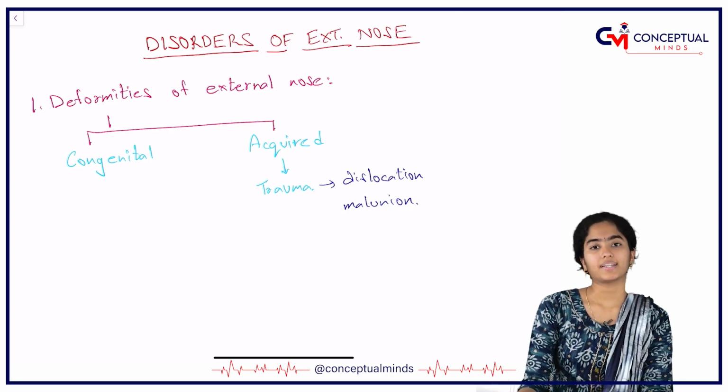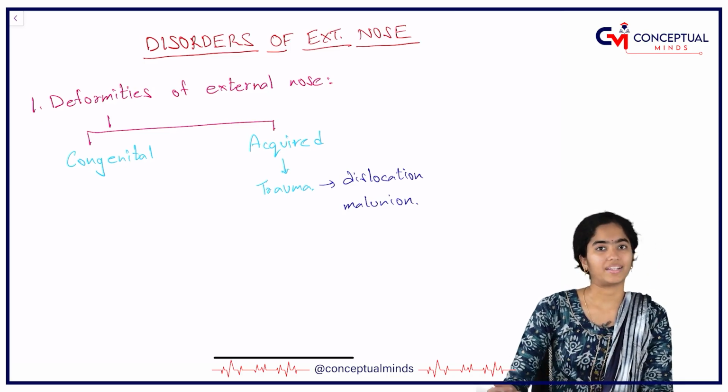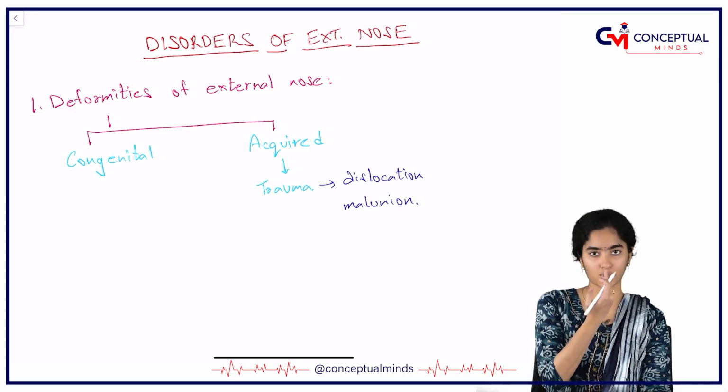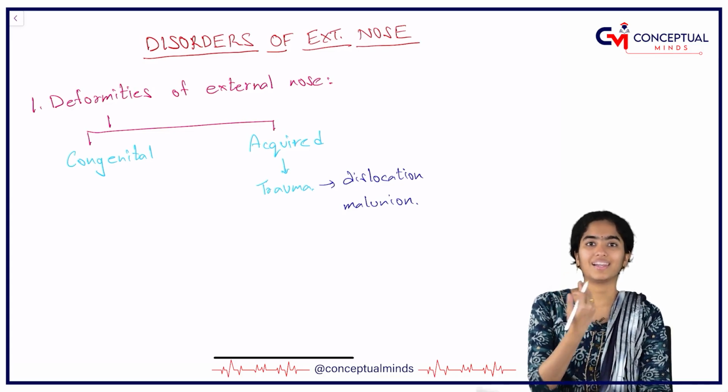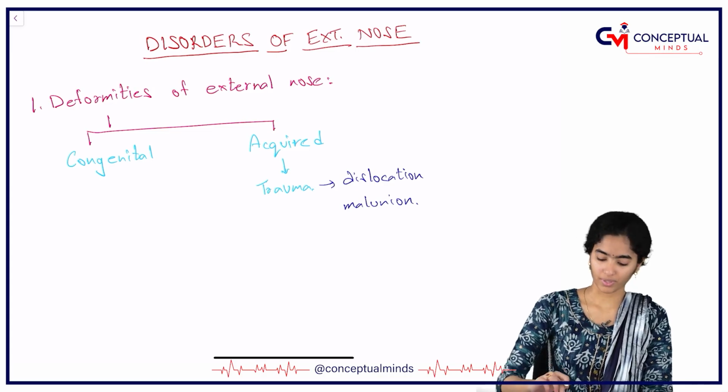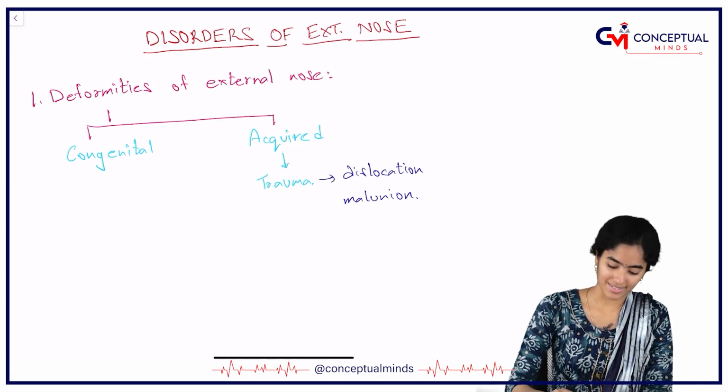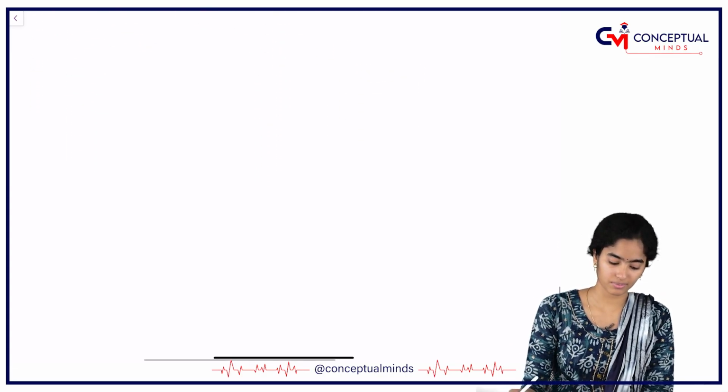In deformities, I can again segregate them under two categories. One is the midline disorders and second is the lateral wall disorders. Okay. First, let's learn about the midline disorders.